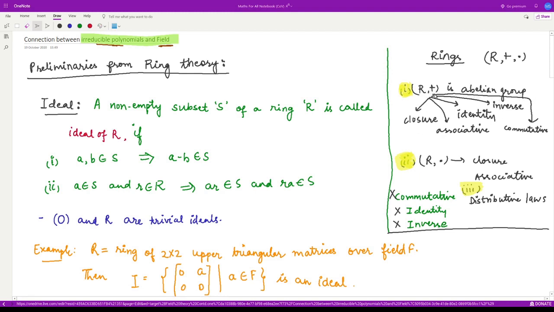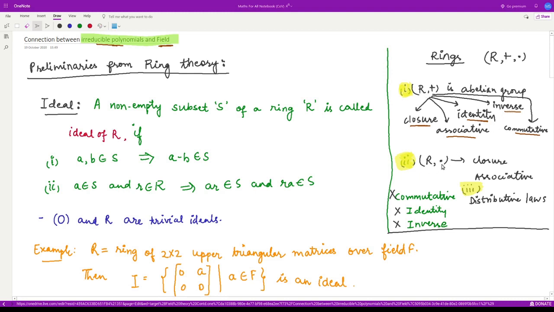That means the set R together with this binary operation follows closure property, associativity, commutativity. There exists an identity element, and every element in the set R has an additive inverse, right?